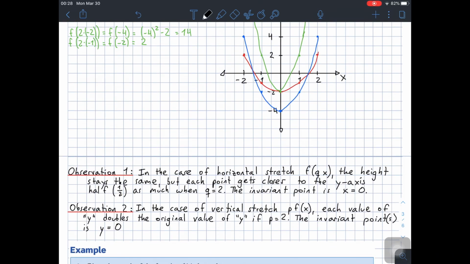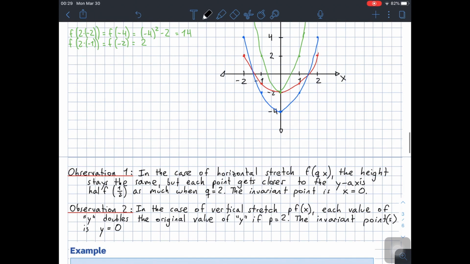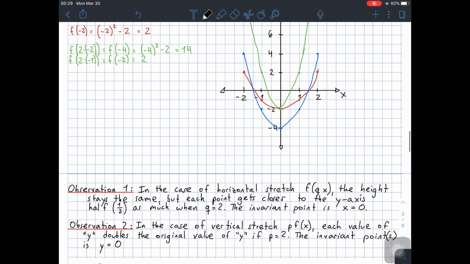In this case, you see that y equals 0 corresponds to this point over here and to this point over here. And you see that in both points, the blue function shares the same point with the red function. They are crossing in the same point, okay? So in this case, we have two invariant points, okay? So I hope these observations made it a little bit clearer for stretches.